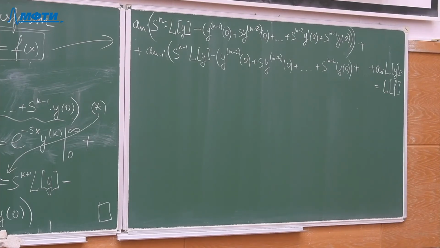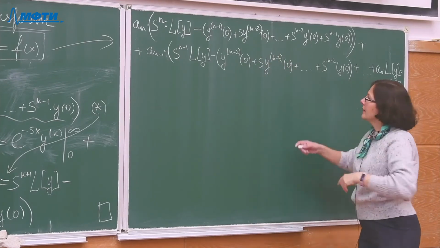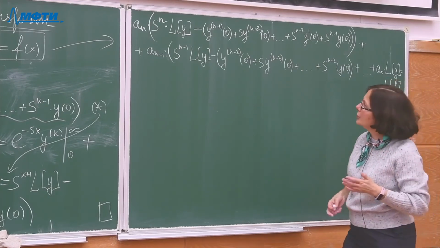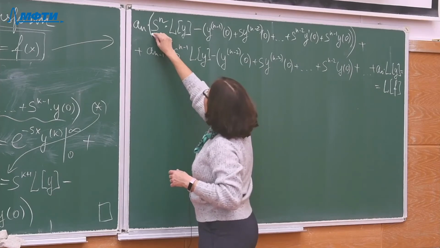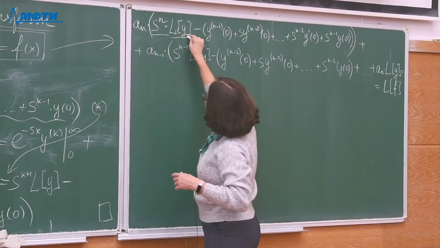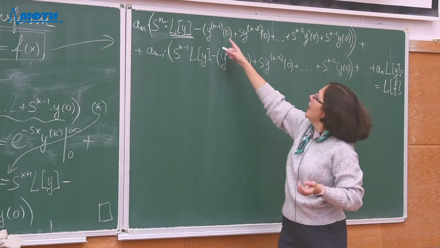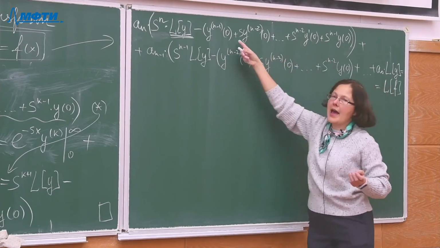Now I want to regroup the terms contained in this formula. I want to gather the terms with L of y. So we know these are numbers. This is a polynomial in s, right?